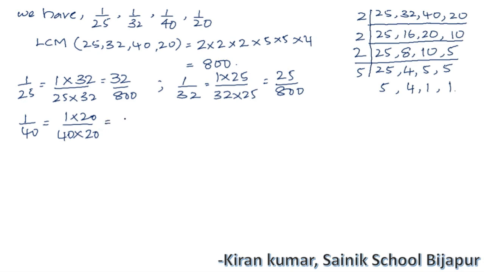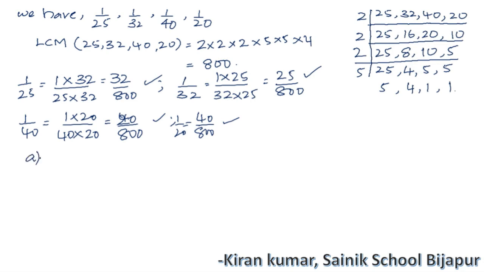We get 20 by 800. 40 by 800 is same as 1 by 20. So all these numbers have 800 in the denominator. Now it becomes easy for me to subtract or to add.